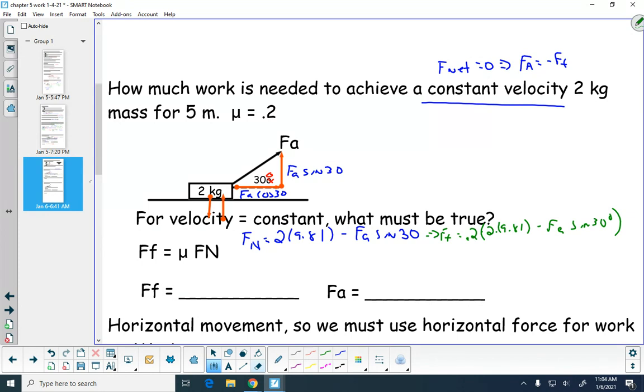Our force parallel has to be equal but opposite. So our force of friction has to be equal but opposite to our force applied.